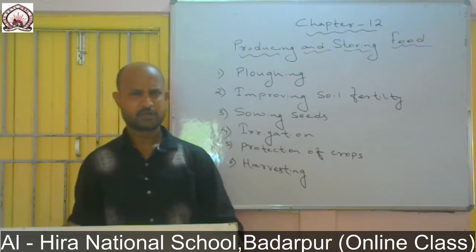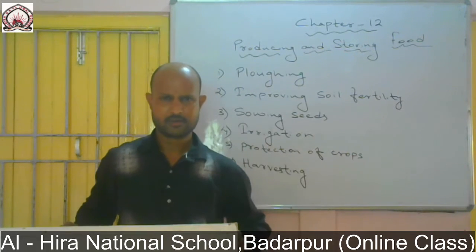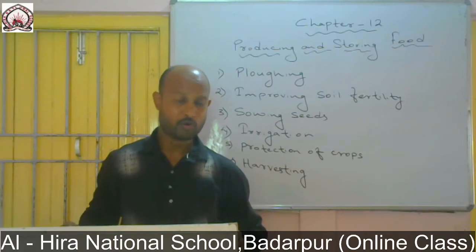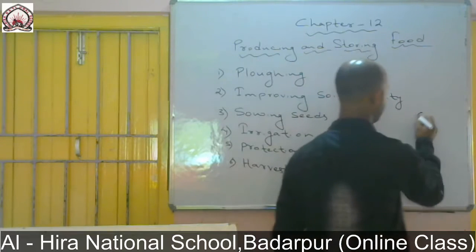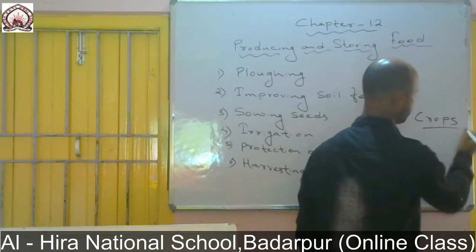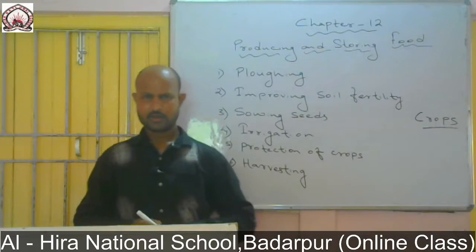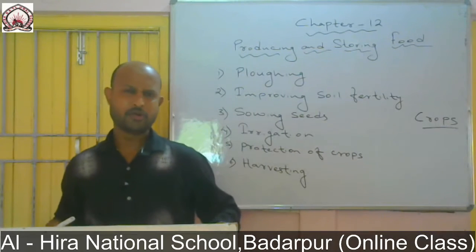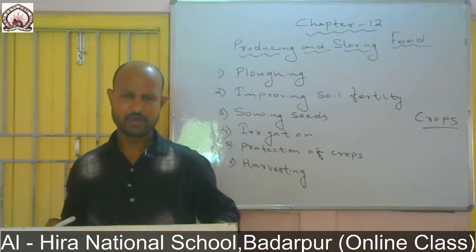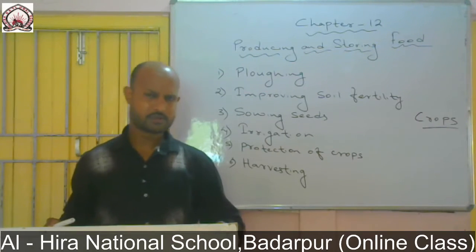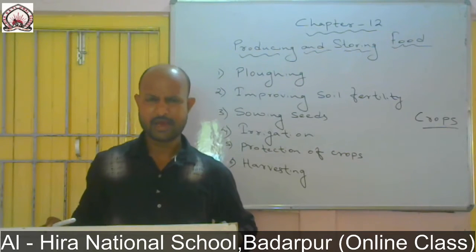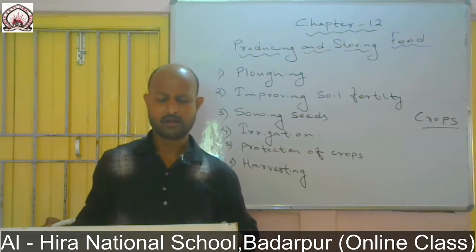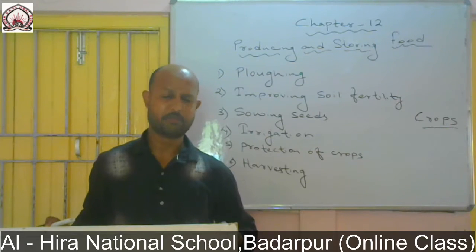All those plants that are grown for our use are known as crops. Many different plants grow different crops. Some crops are grown for the production of food and some crops are grown for commercial purposes.